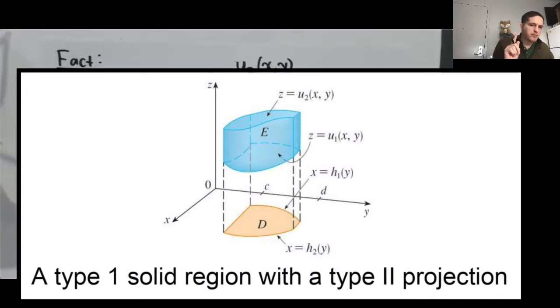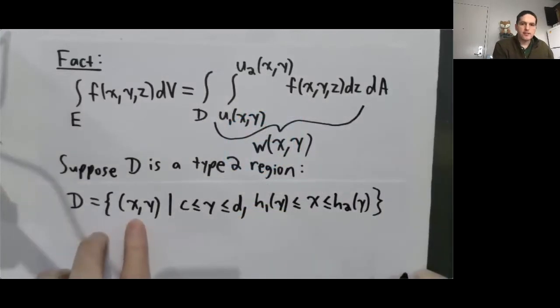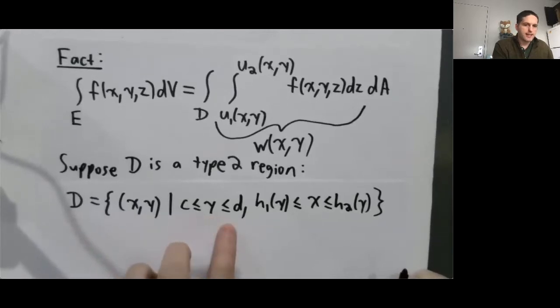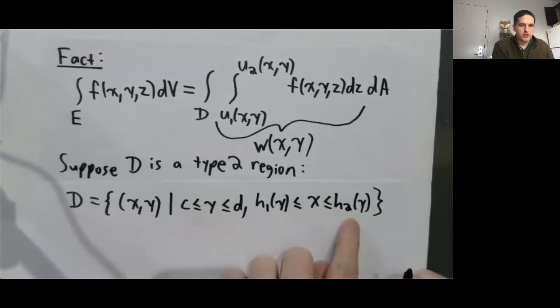If D is a type 2 region, then that means D can be described like this. D is the set of all points x, y, such that y is in between C and D, and x is in between h1 of y and h2 of y.